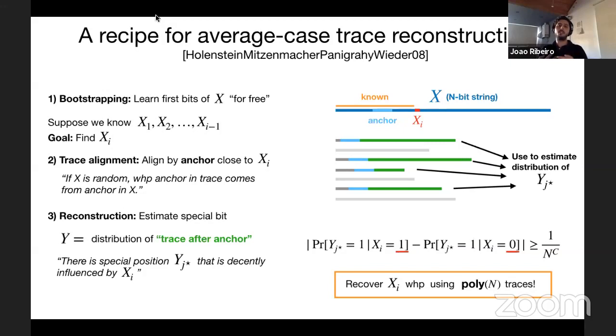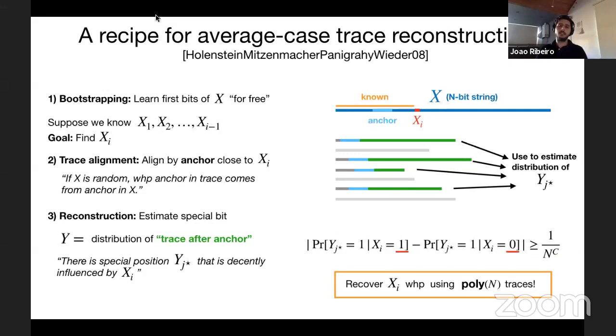After that, you extend this reasoning to a few more bits. The idea is that you can do this for free for the first log n bits of x. It's not a lot of bits, just a logarithmic number, but that's exactly how many bits you need to bootstrap this procedure and start the trace alignment and the reconstruction bit by bit.